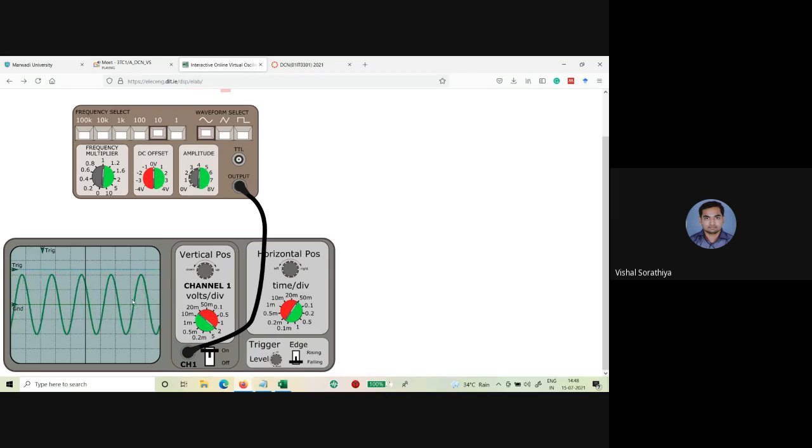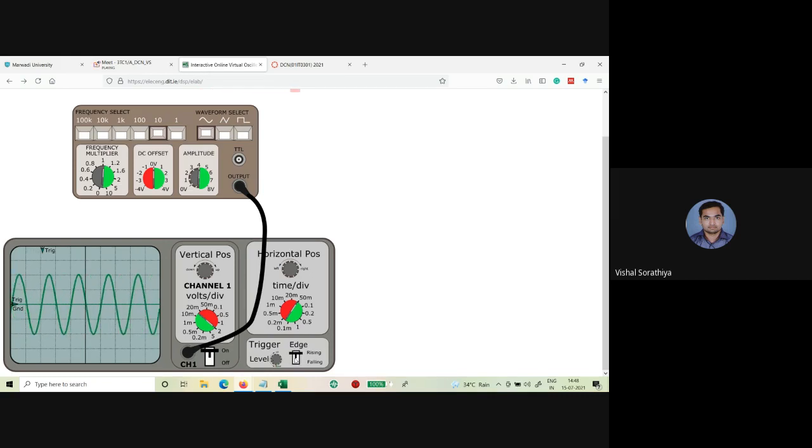But if you want a steady view, you need to set your triggering voltage level in such a manner that your signal behaves steadily on your screen. So if sometimes your input amplitude is lower and your triggering amplitude is even higher, we can say your signal is not coming properly, so you need to adjust the trigger button.